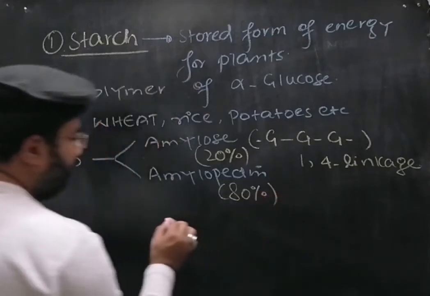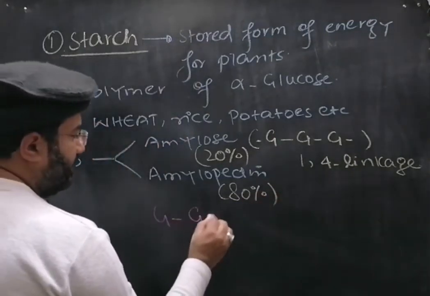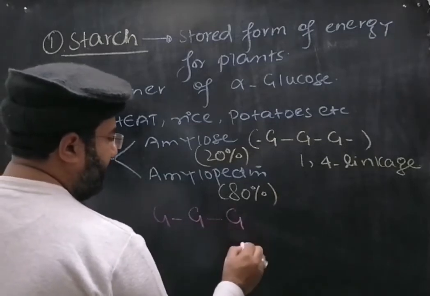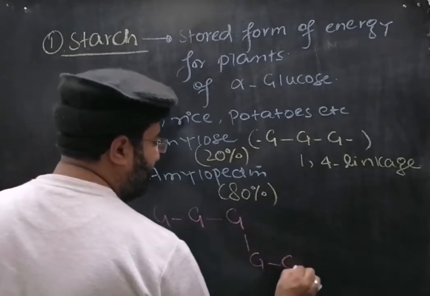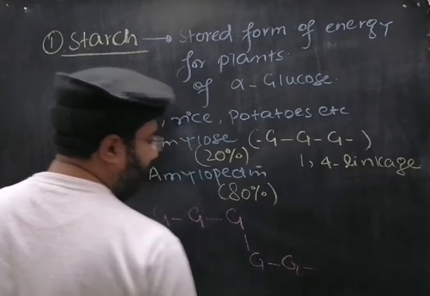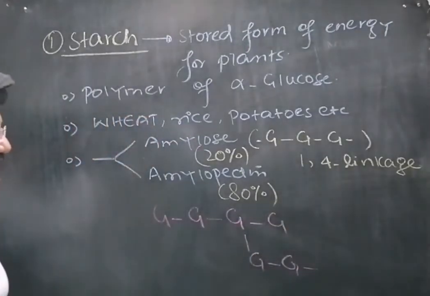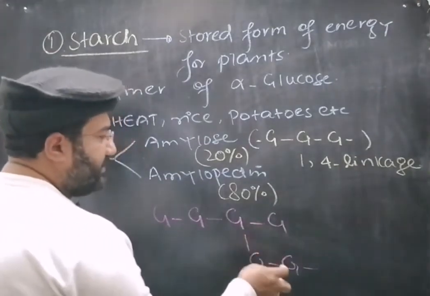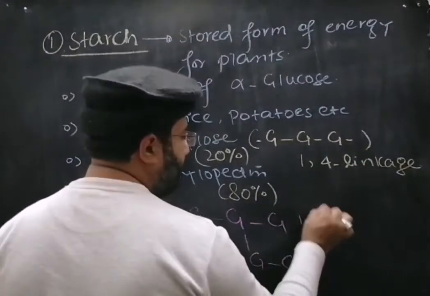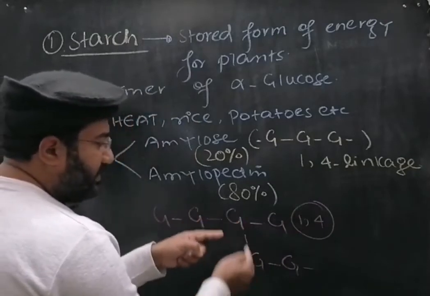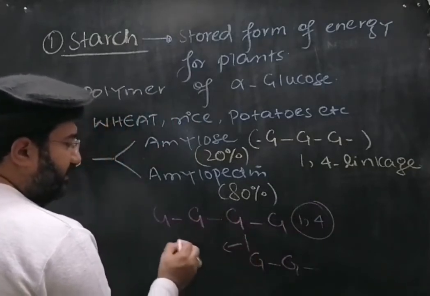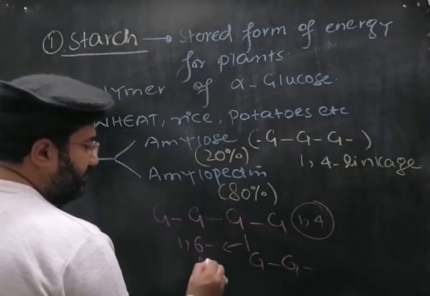So in amylopectin, some glucose units are present in the straight chain, and the other glucose units are present in the branches. When the glucose units are connected in the straight chain, there will be 1,4 linkage between them, and when they are present in the branch chain, there will be 1,6 linkage between them.